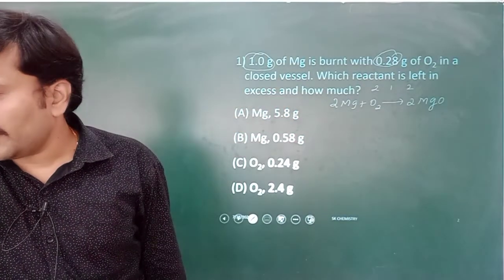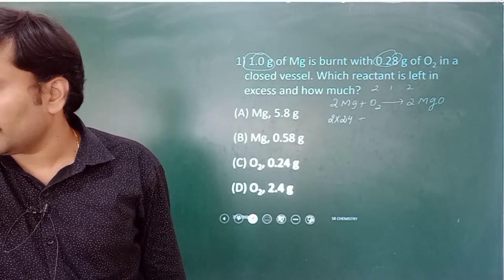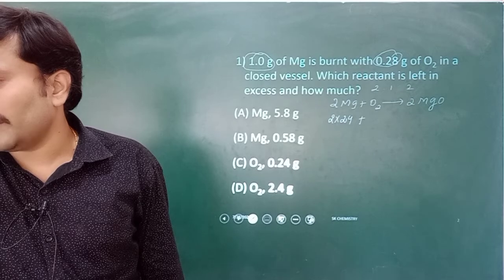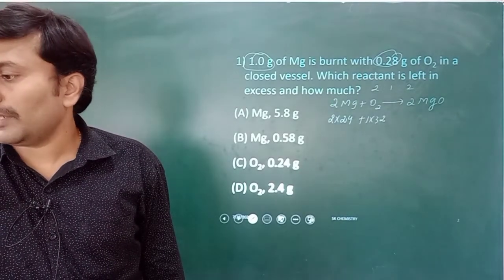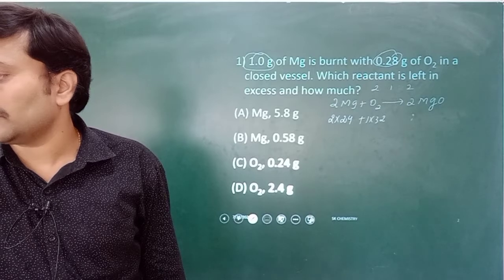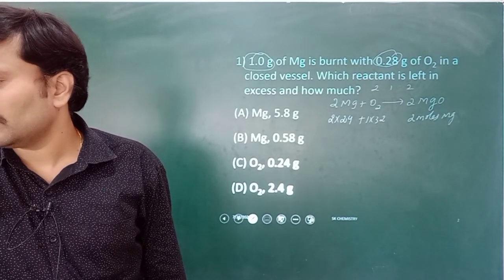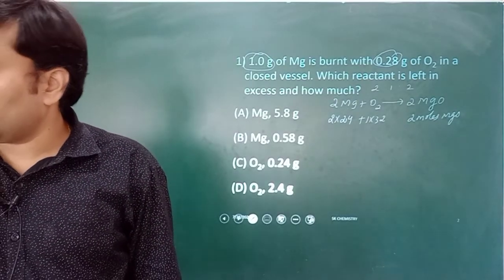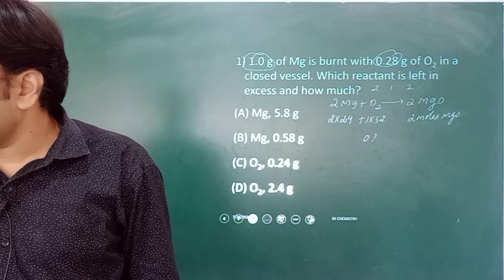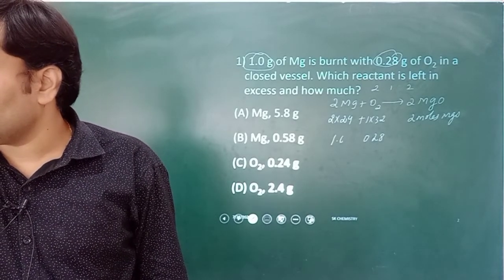So 2 into 24 plus oxygen, 1 mole, 1 into 32, you will get 2 moles of MgO. But here, how many grams are we taking? 0.28 grams of oxygen, and here 1 gram of magnesium.